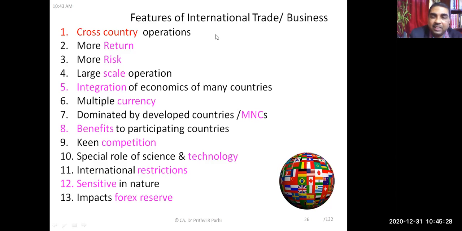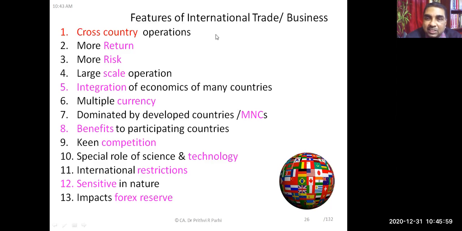Science and technology also play an important role. Communication, money transfer, all these things happen on electronic platforms. One has to also take care of international barriers or restrictions. Different country-specific restrictions are there. Every country has its own customs law, and trade barriers are there, so those aspects need to be taken care of.